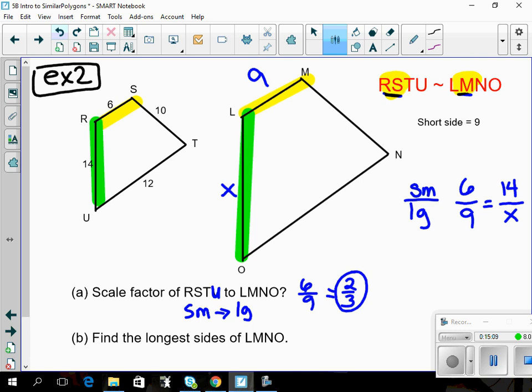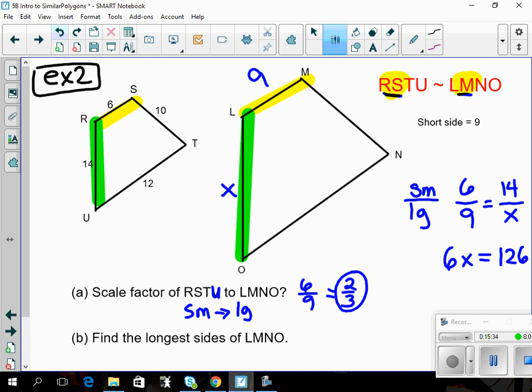I want to make sure the proportion's okay. There's more than one way to write that proportion. I could have said 6 over 14 equals 9 over x. That would have been okay too. When we cross multiply, you get 6x equals, what's 9 times 14? 126.